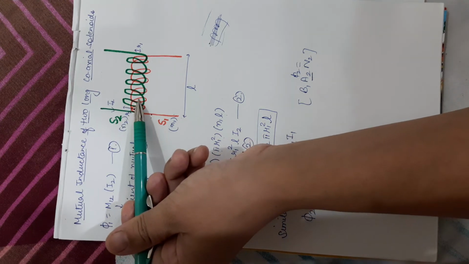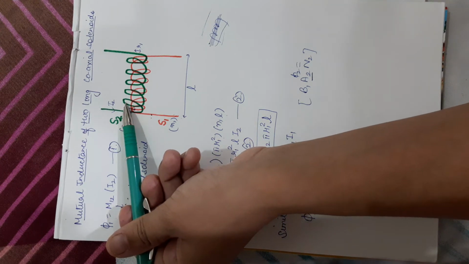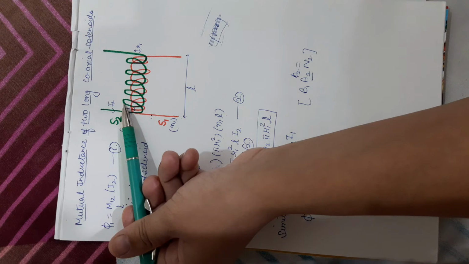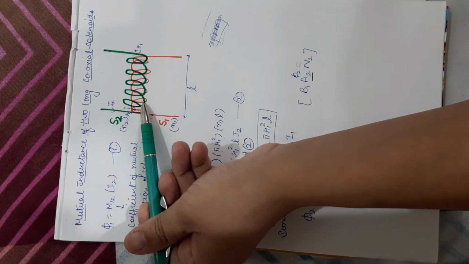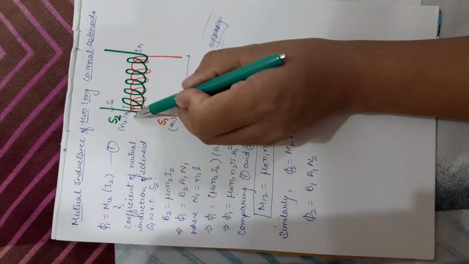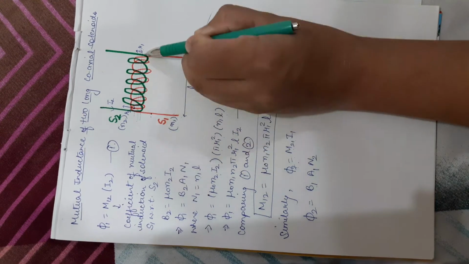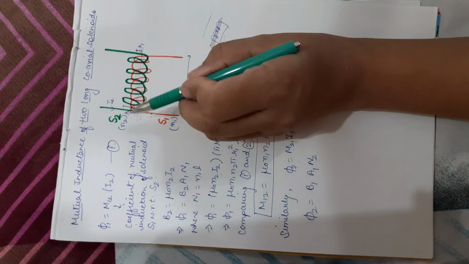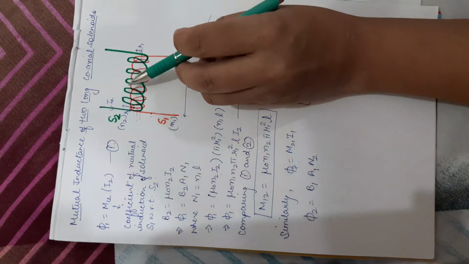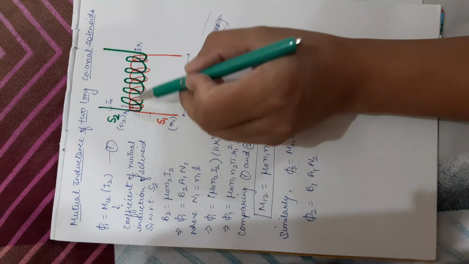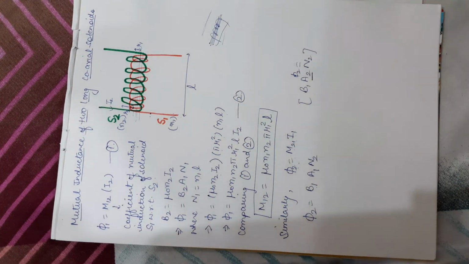So if the magnetic field is not present outside S1, then we cannot consider the whole area through which the magnetic field lines are passing. If the magnetic field lines are passing through S1 only, then the area in which the magnetic flux can be calculated is also going to be the area A1 only.